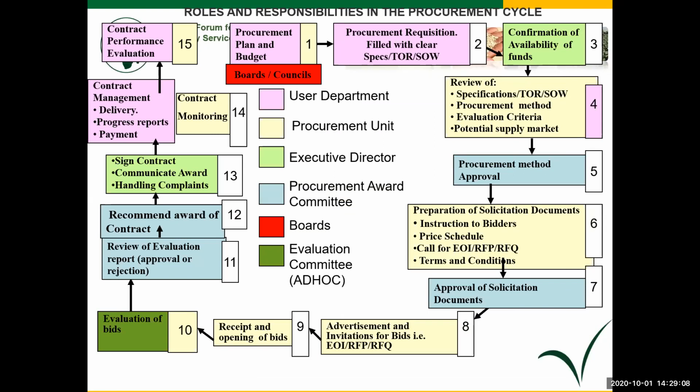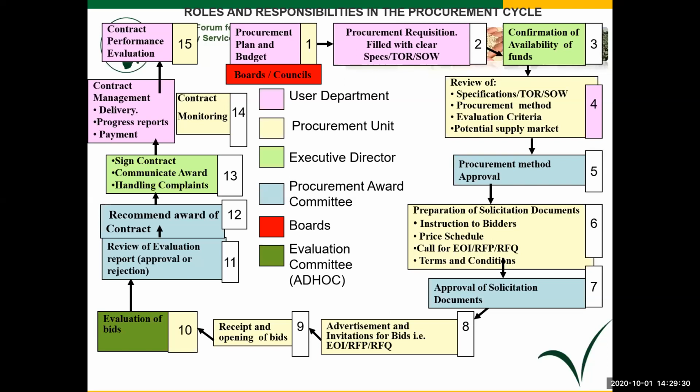Those are just abbreviations. So when you see in the middle of the chart, wherever you see purple, it is a responsibility of the user department. For example, in AFAS, it is a responsibility of program. Where you see yellow, the procurement unit is my docket.